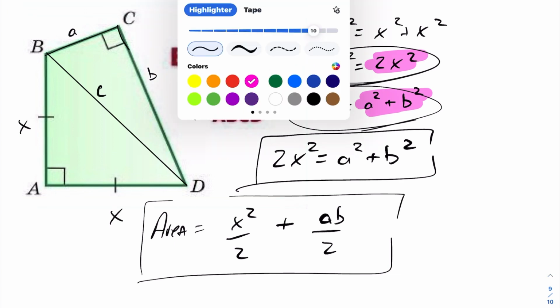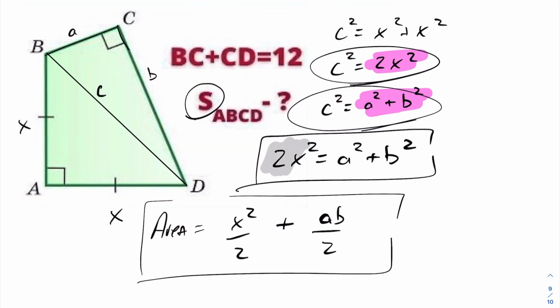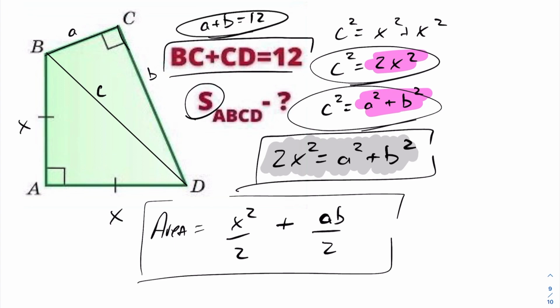And the only thing I have to work with now is I know the following: 2x squared is A squared plus B squared. Now one thing we do know is that A plus B must equal 12, right? As my line segment BC is A and CD is B here.